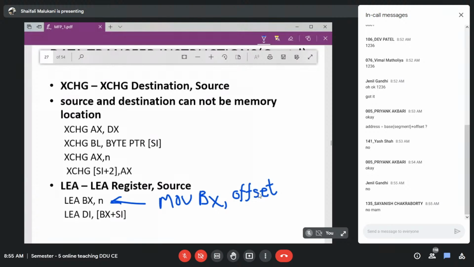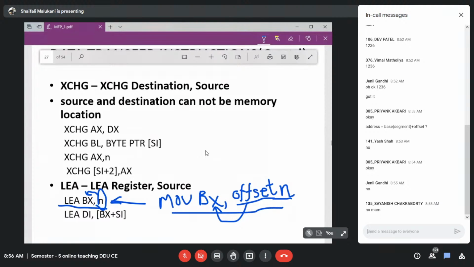That is what you have instructed to your assembler: take the offset of n and store it in BX. That is what we are doing here. So these two instructions are equivalent, but this is to 8086 and this is to the assembler.